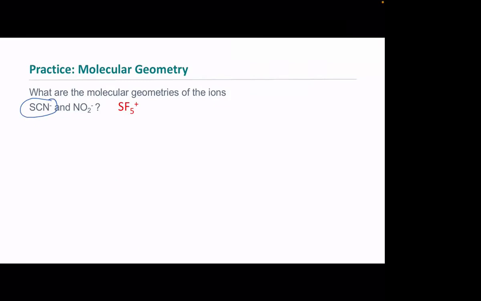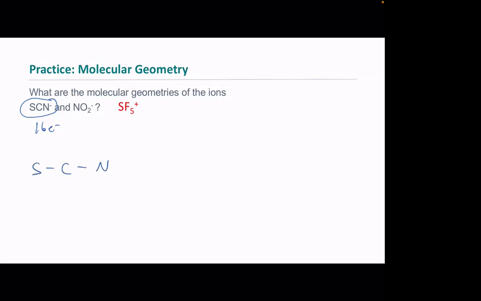We got sulfur 6, carbon's 4 is 10. 5 for nitrogen is 15. 1 for the negative sign, the ion, 16 electrons. What's my central atom? Carbon, of course.